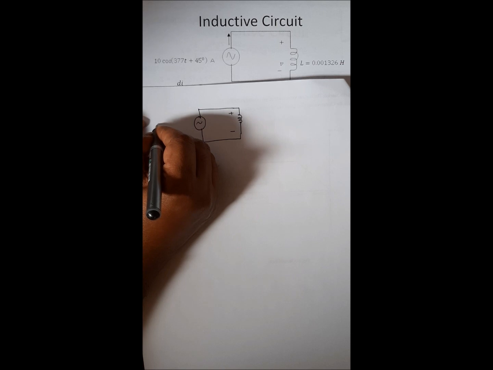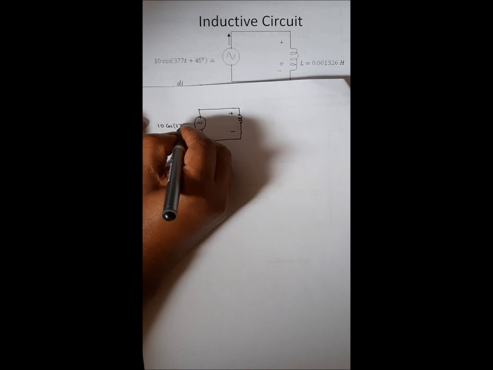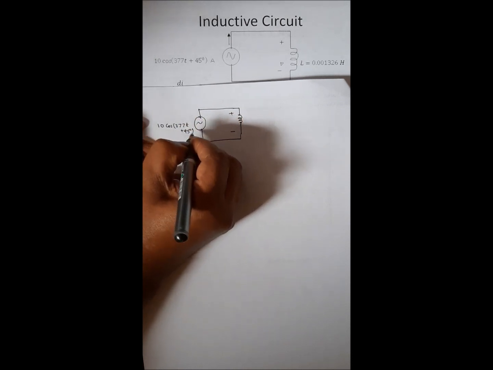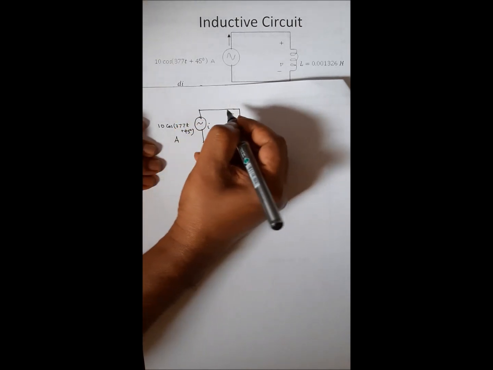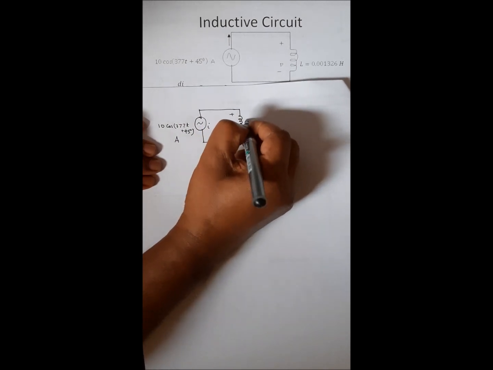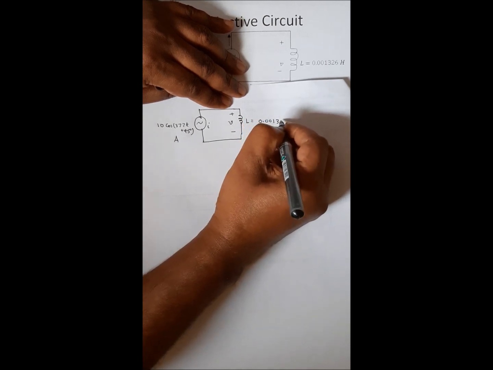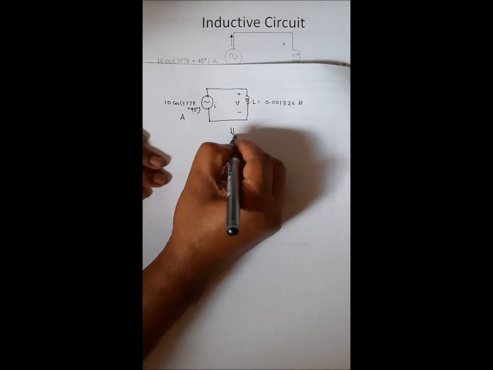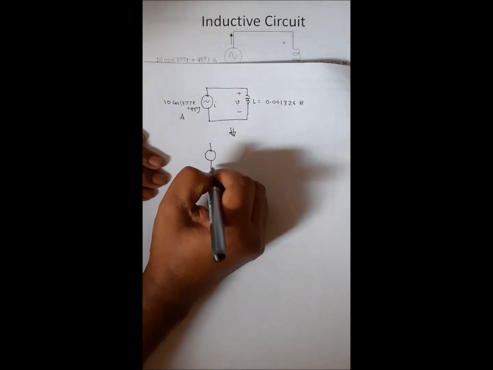The given time domain equation is 10 cosine 377t plus 45 degrees, and the unit is amperes, so it is a current source, and you have to find the voltage here. L is given as 0.001326 henries. Now this is a time domain expression, and I wanted to find the frequency domain expression for this circuit.